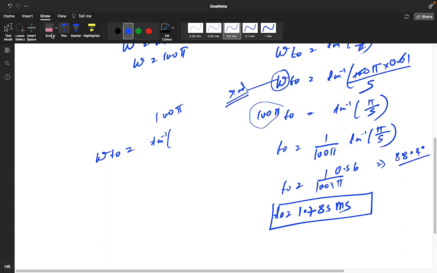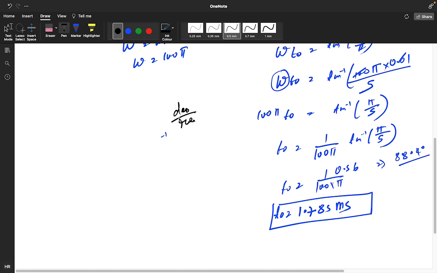So always be careful, because this omega is in radian per second. Degree cannot be divided by radian. Radian by radian will get cancelled out, so we have to take radian only in tan inverse.